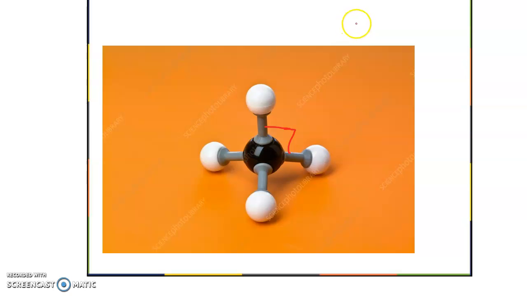On paper, when we draw CH4, it may look like this, and up there is an H. It looks like 90 degrees, but in reality, this angle over here is 109.5 degrees. So in 3 dimensions, we know that it will be different from 2 dimensions.